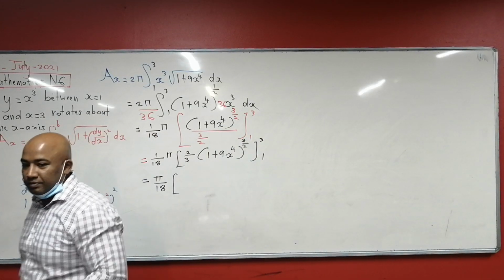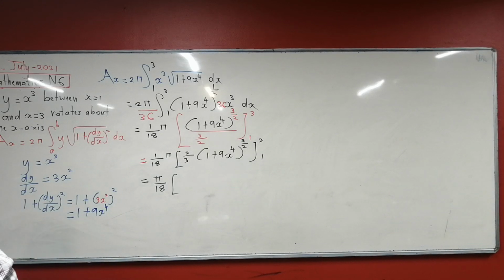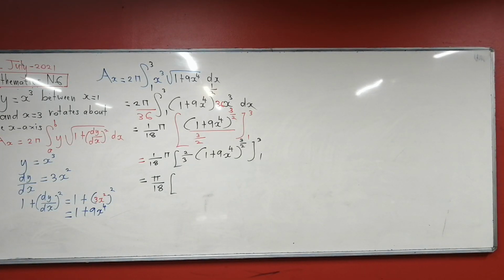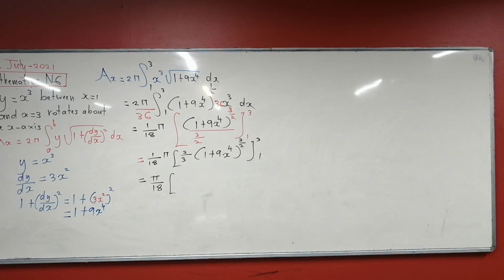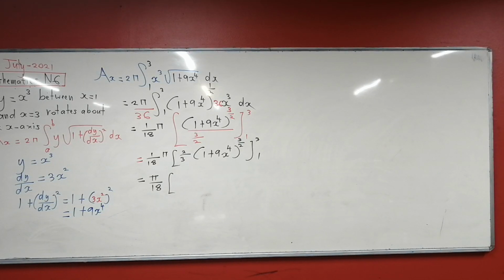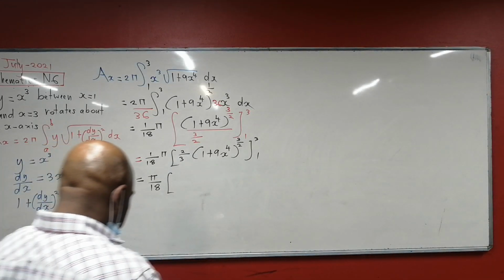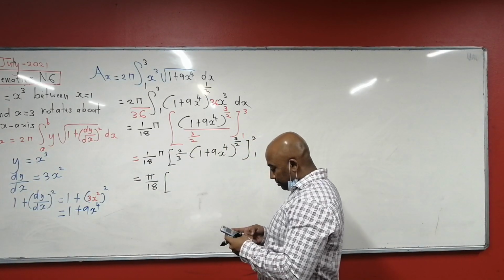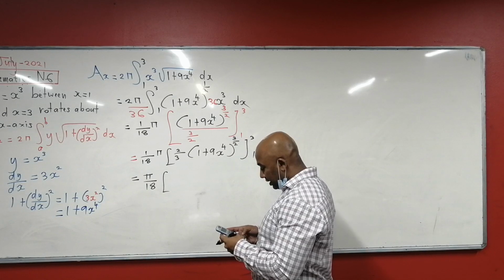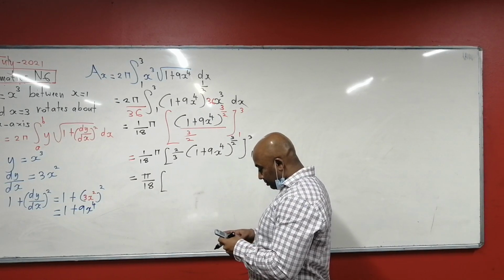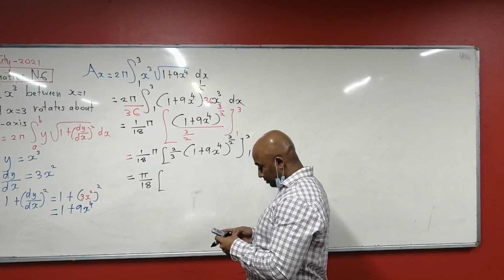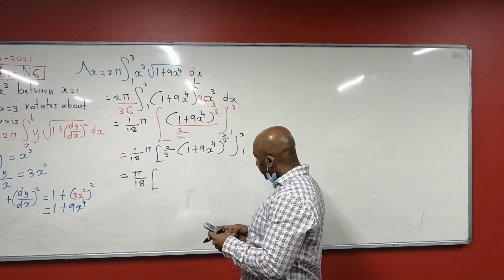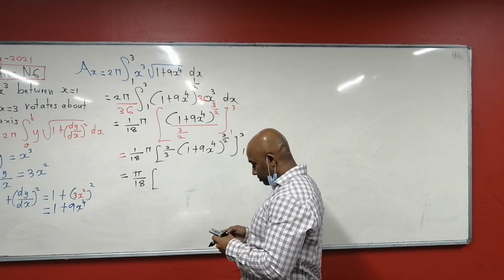Calculator? Oh, but who's not using the calculator? So let's work this one out. That's 2 over 3. 1 plus 9x to the power 4, all raised to the power 3 over 2.